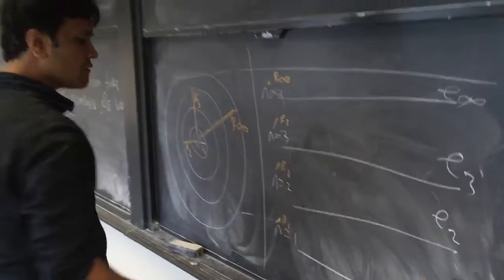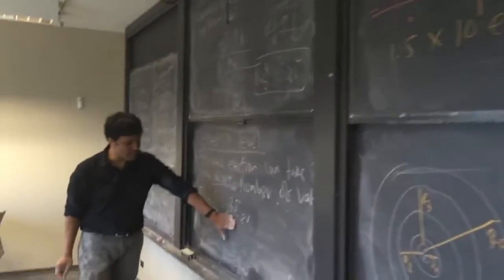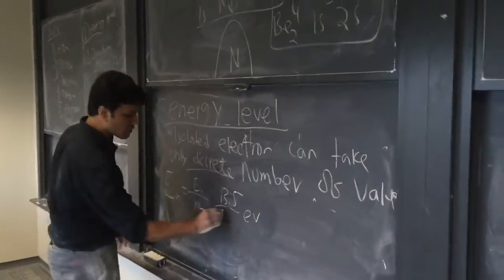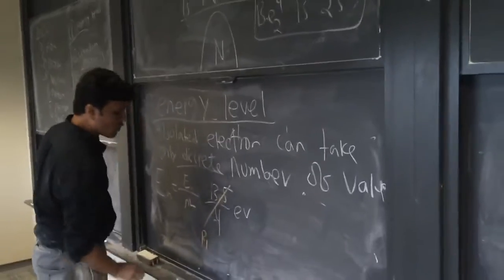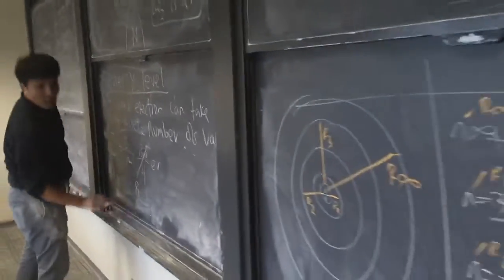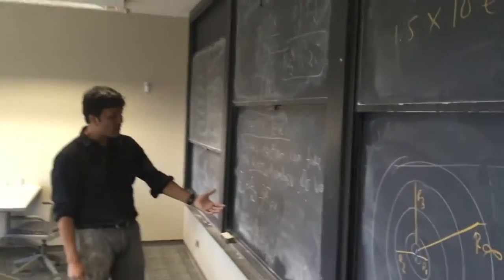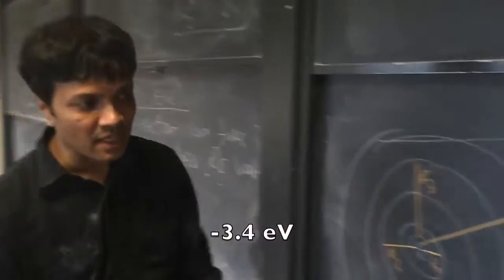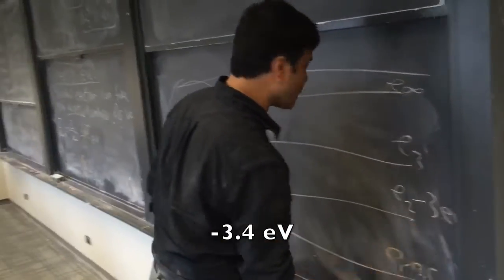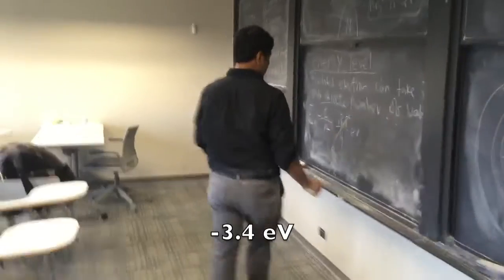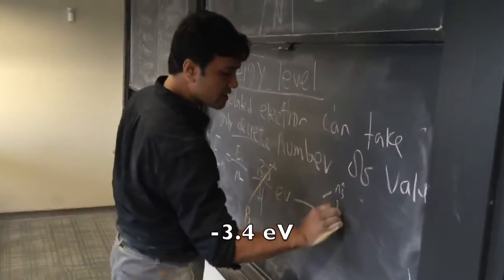What about at energy level 2? At energy level 2, I have to divide by 2 times 2, which is 4. So 13.5 divided by 4 is 3 something, so the energy is negative 3 something electron volt. What about at n equal to 3?